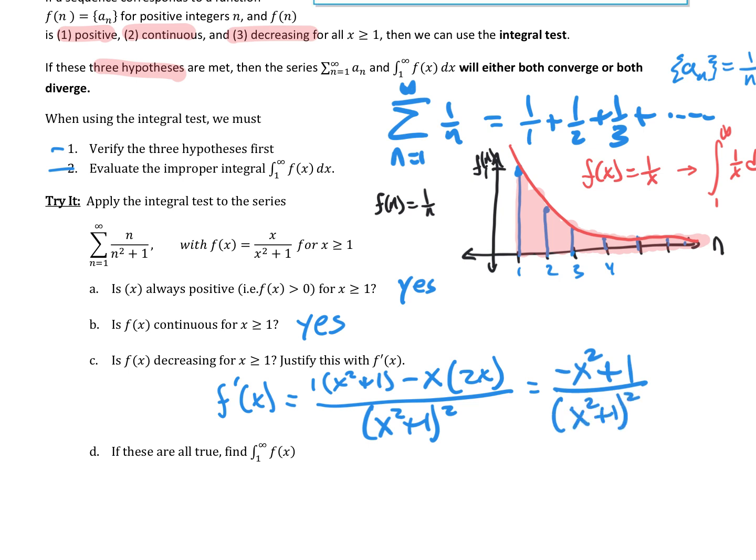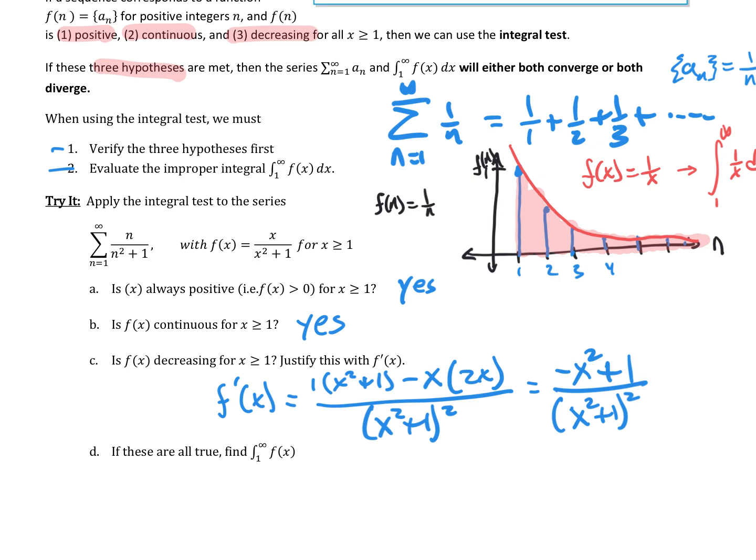Now, all we need to decide is that for x values greater than 1, will this be positive or negative? Well, when you pick a number that's 1 here, this will be 0. And then if you pick something bigger than 1, like 2 squared or 3 squared or 4 squared, if I have 2 squared, I'll have negative 4 plus 1.